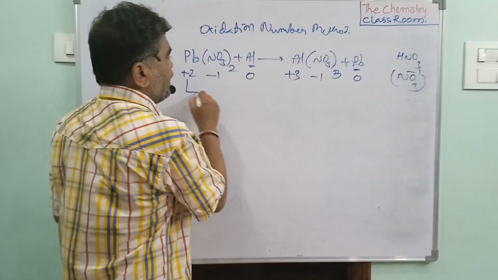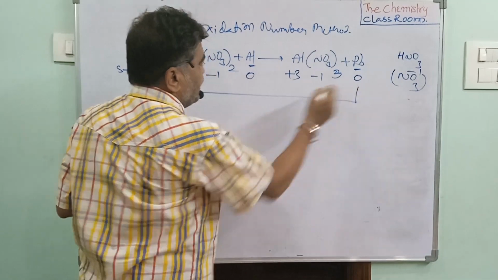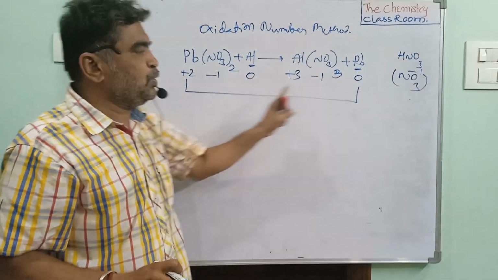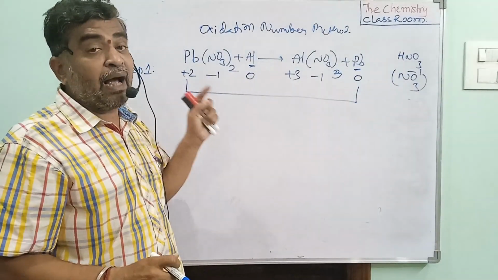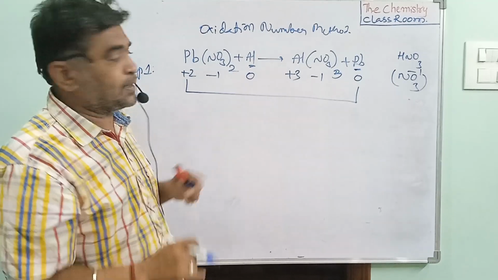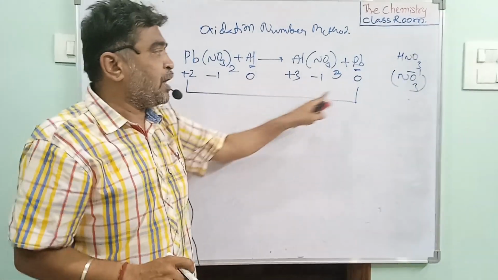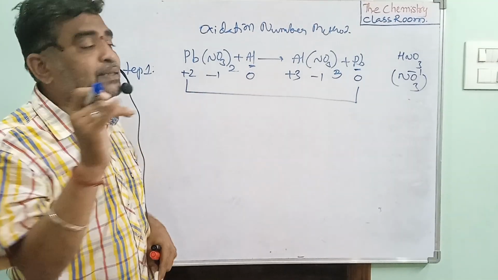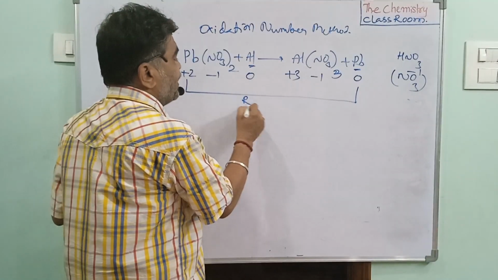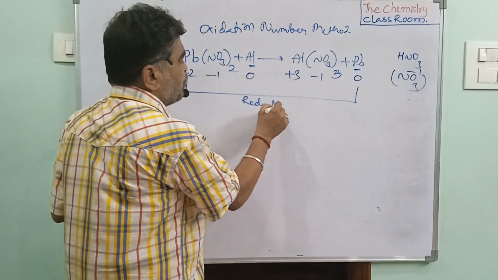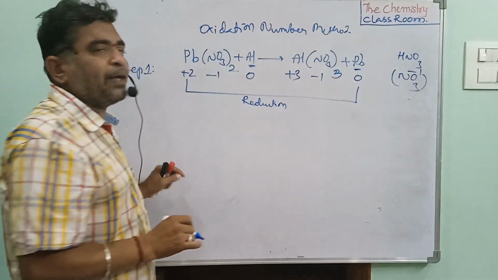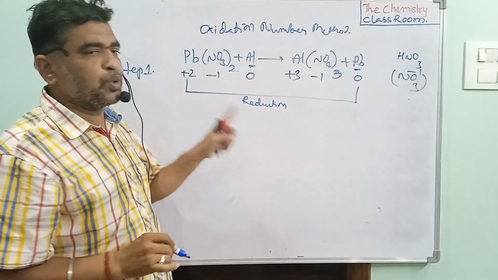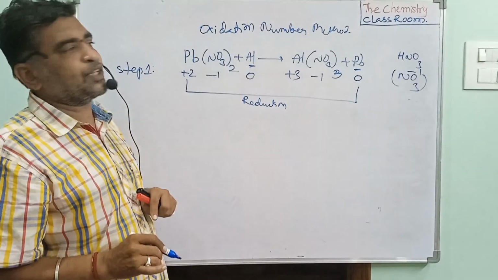So the change is +2 to 0, which means the oxidation number is decreased. So the reaction indicates reduction. The lead becomes 0, +2 to 0. That is reduction.